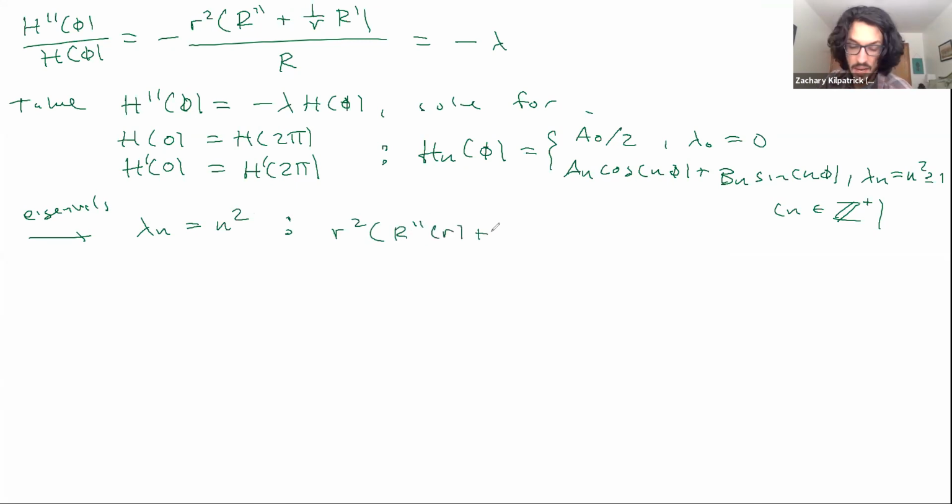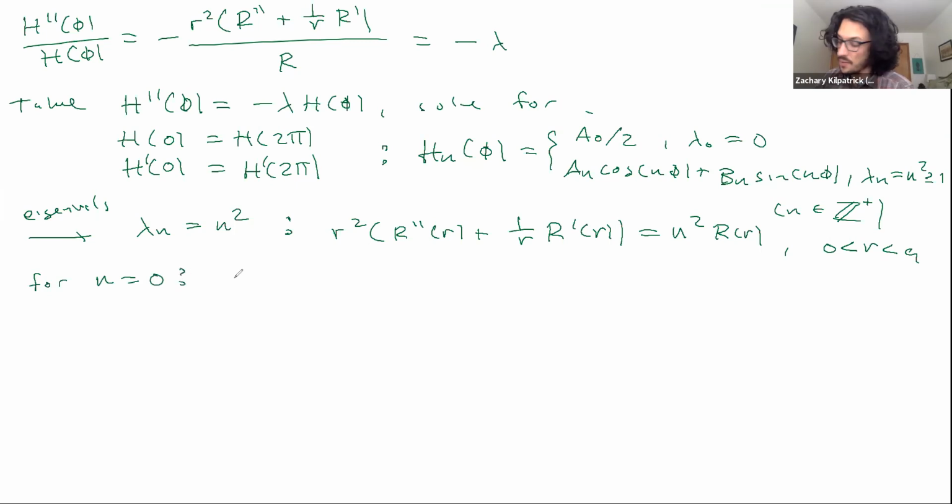But we can write out our problem now for R in terms of these eigenvalues that we've gotten already. So let's deal with the n equals 0 case first. Let's get that out of the way.